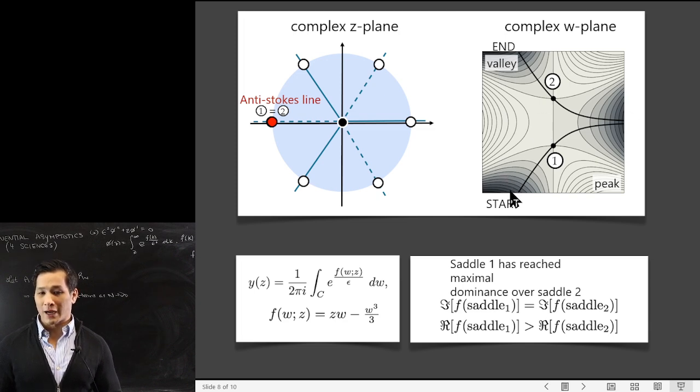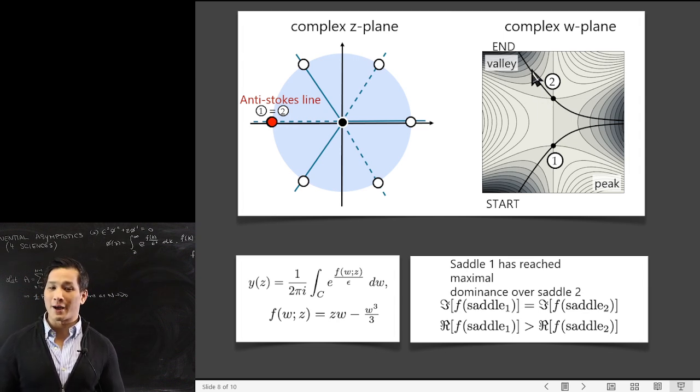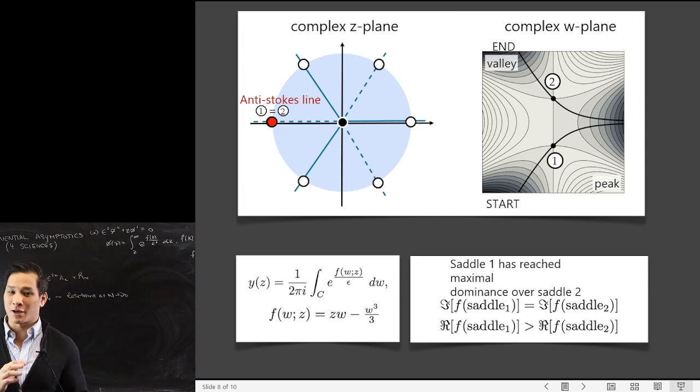You go from a valley here in the dark region up, collect your first saddle, then go back down to another valley, and then you climb back up, collect the second saddle, and go back down to the other valley. But at this location, the two exponentials are actually equal in magnitude. And that's why you end up with a real oscillation on the left. Otherwise, you wouldn't end up with a cosine if it didn't work out to be this way.